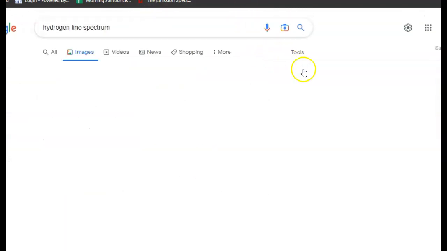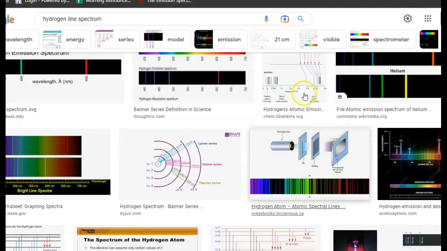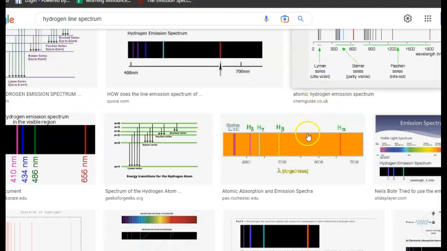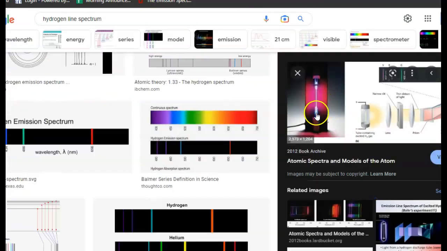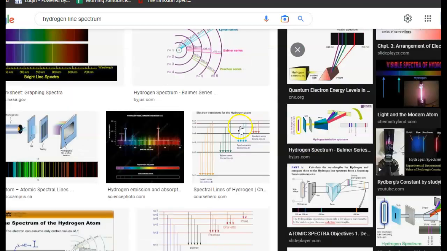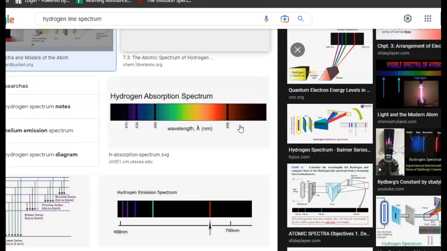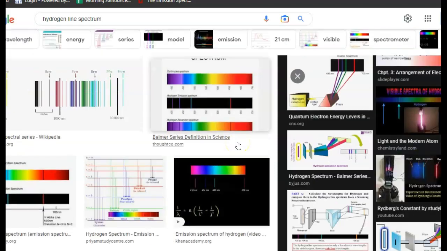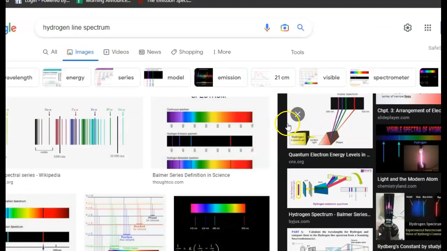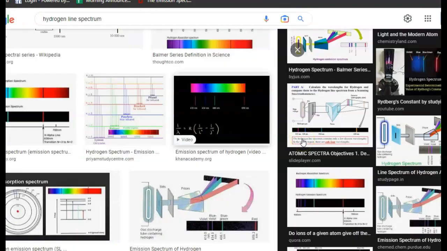What we're seeing is we're lighting up a glass full of hydrogen, and it's going to look something like this, where it's going to glow pink, and then we look through a lens and we're going to see 4 distinct lines instead of what we normally see, which is a rainbow, a whole spectrum full of light.